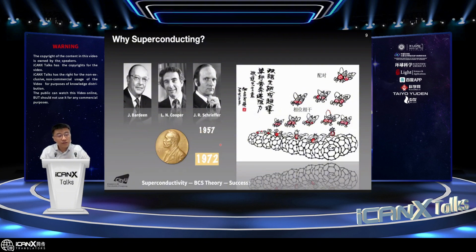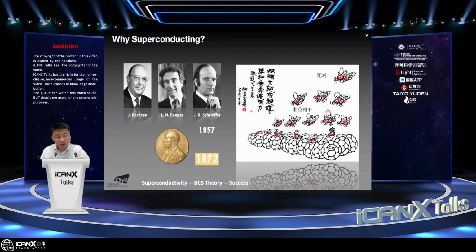I think the most successful story in terms of understanding superconductivity itself came with the so-called Bardeen-Cooper-Schrieffer theory, or BCS theory, where they introduced a key concept, the electron-boson coupling, as we now refer to it.